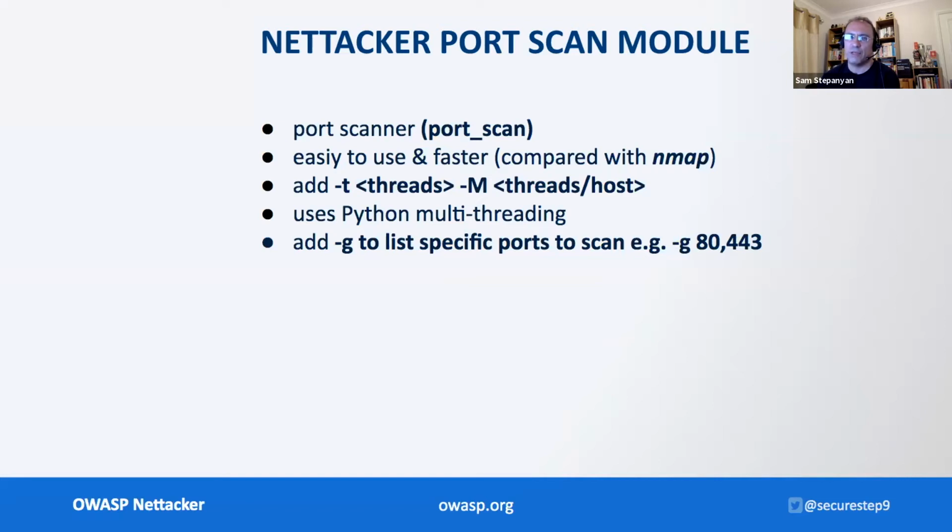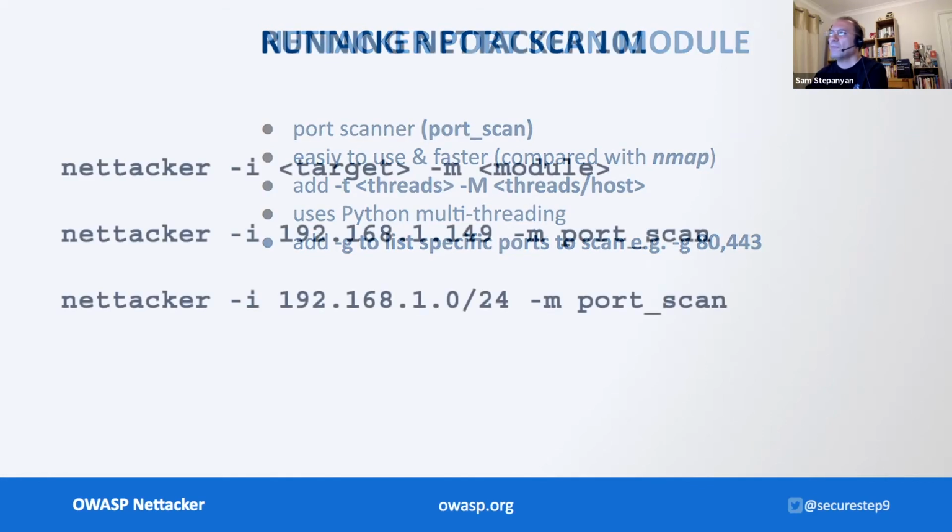So it's very similar to Nmap. You can, of course, ask it to scan all the available ports, but you can also add a special command line switch -G to scan specific ports only, for example, ports 80 and 443.